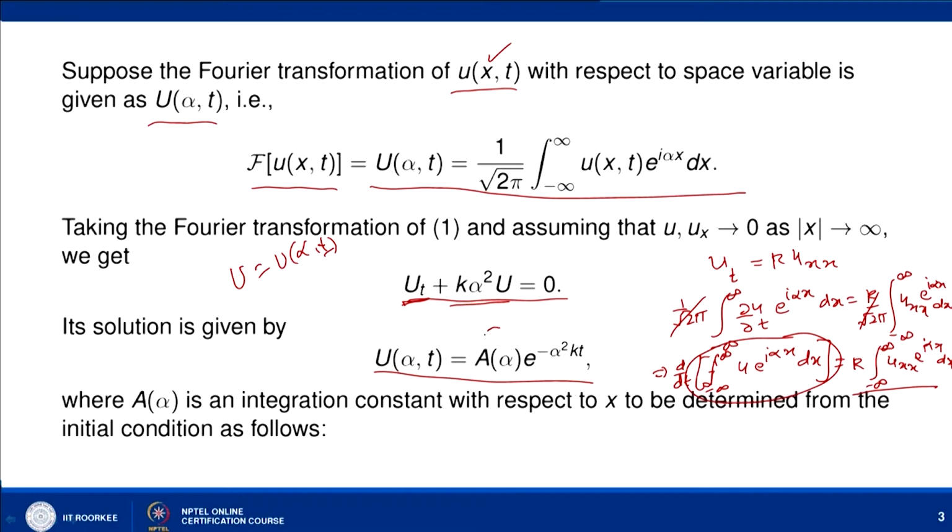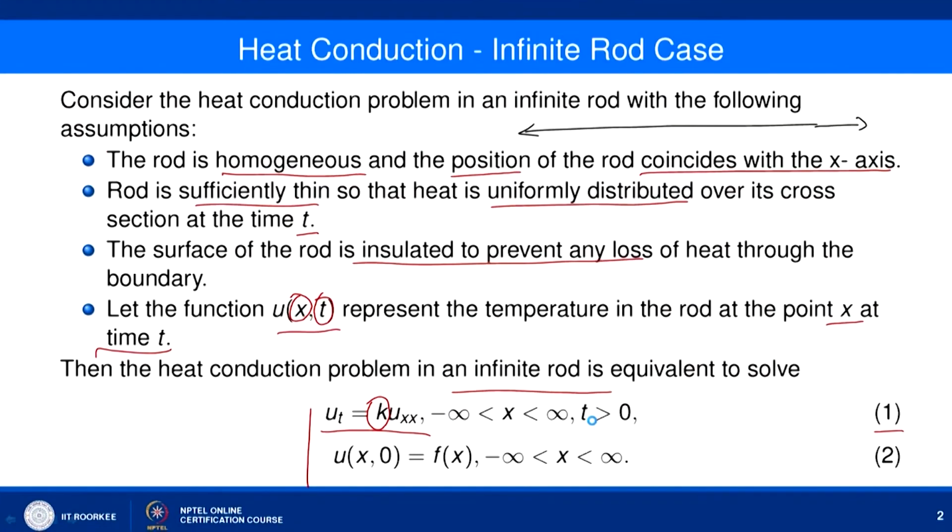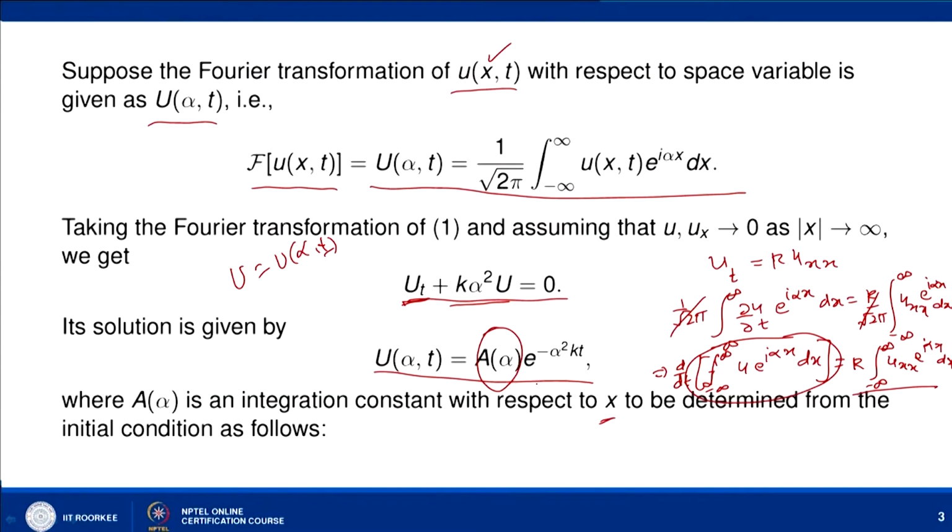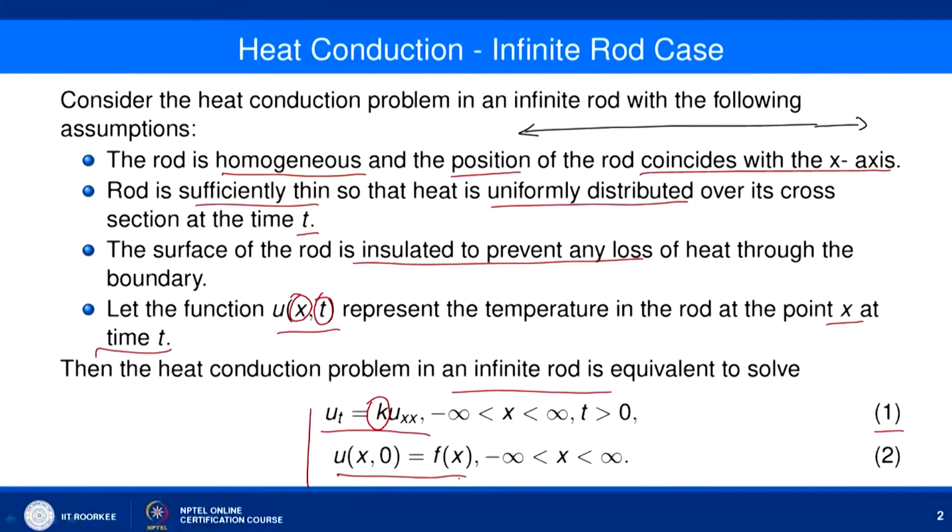Now this A alpha is an integration constant which is constant with respect to the variable x, and we can determine it from the initial condition, because the constant we can find using the initial condition. And what is the initial condition? That u(x,0) equal to f of x. But since this equation is given in the frequency domain, or we can say in the alpha domain, we transform our initial condition also into the frequency domain.